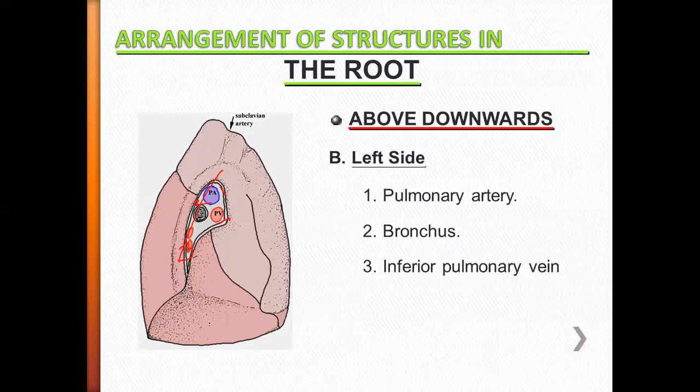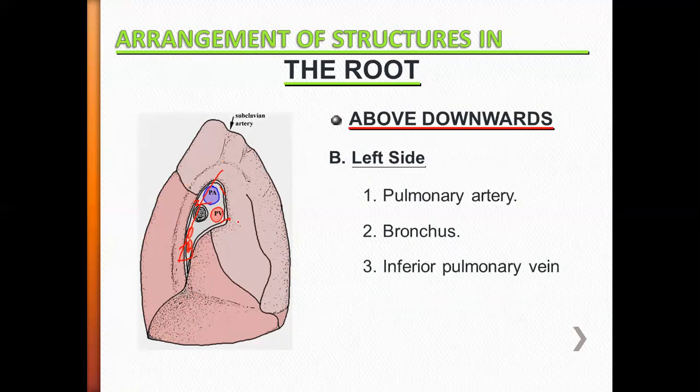After that, we have seen the borders: anterior border, posterior border, and inferior border. Then we have seen two surfaces, costal surface and medial surface. In the medial surface, there are two different parts: the vertebral surface and the mediastinal surface. In the costal surface, only ribs are related.